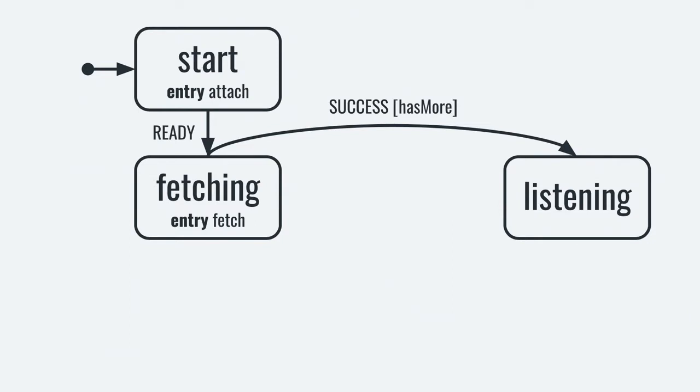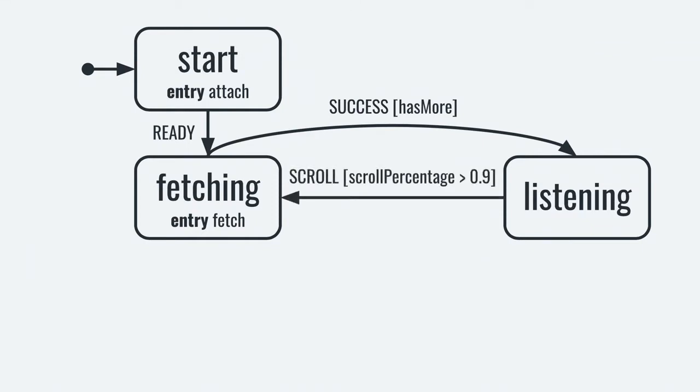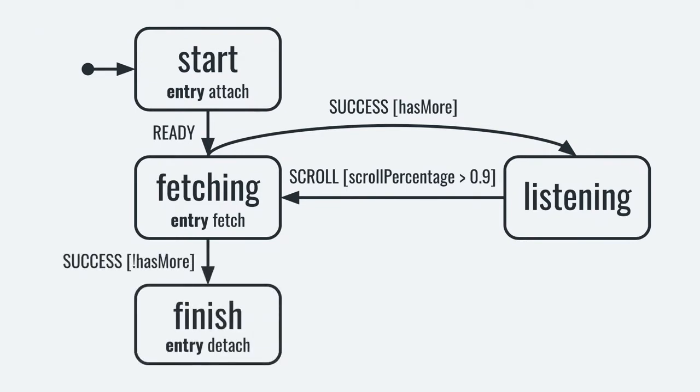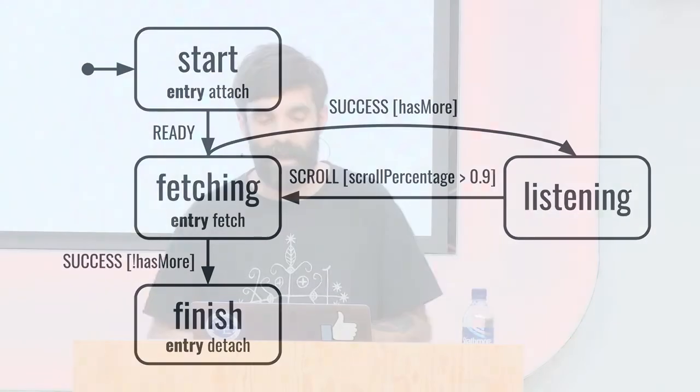If there is more data, we go to the listening state, where we keep on listening to the scroll event. And when the user scrolls, if the scroll percentage is greater than 90%, we go back to fetching, where we fetch another page, and this keeps on happening until we have no more page. And in that case, we go down to the finish state, where we detach the event handler. And this is a pretty cool representation of functionality of a component, I think.